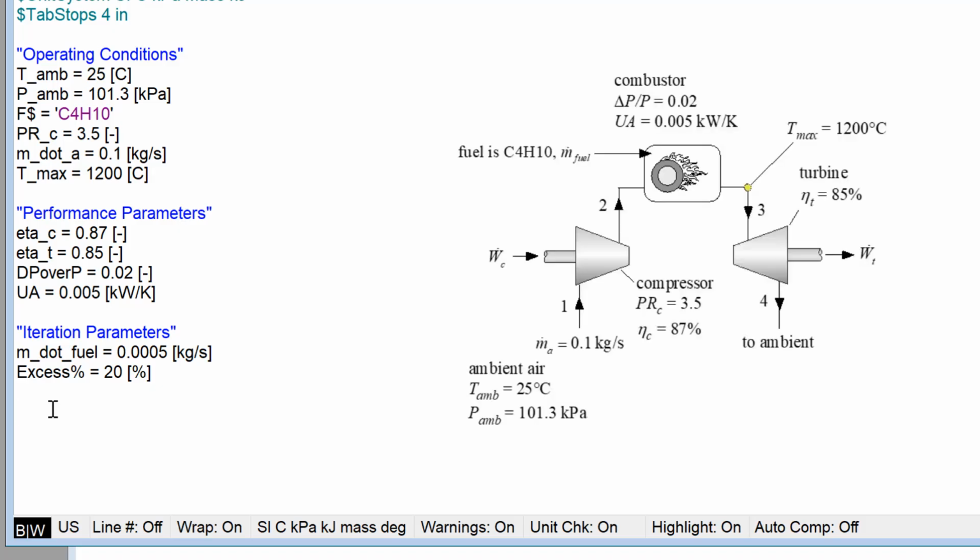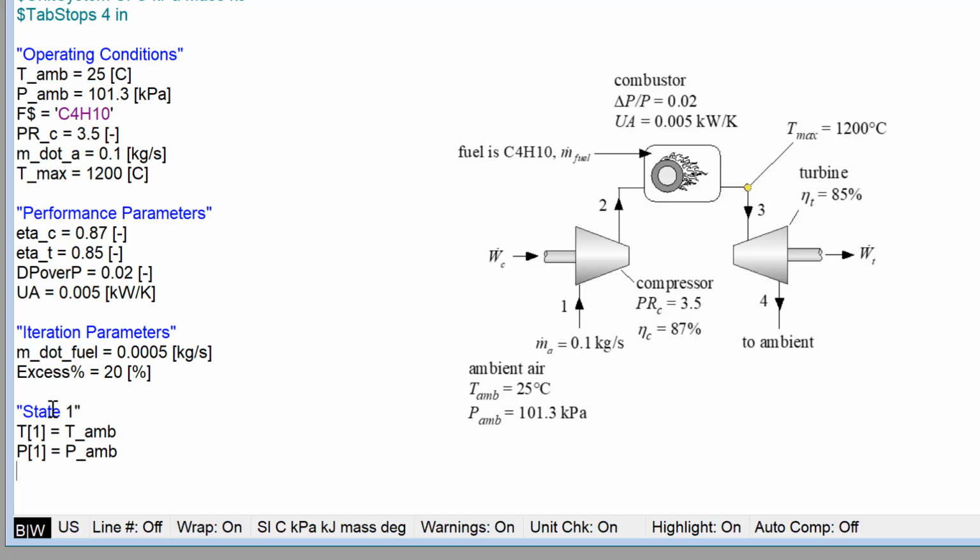Starting with, let's do state 1. So state 1 is easy. At this point, my working fluid is pure air, so I can model it with air. So I'm going to set the temperature to be T ambient and the pressure to be P ambient. These are already in the units that I set for the unit system, so I can also get the enthalpy.